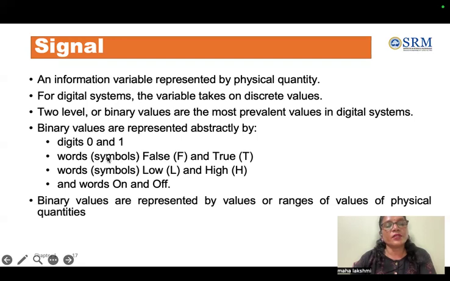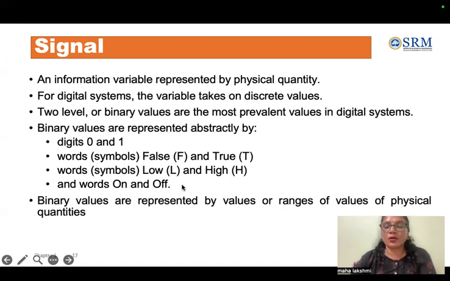In terms of words, you can represent them by true or false. And another way of representing by symbols is low levels and high levels. Equivalent to zero in digits, in terms of symbols it is false, with respect to level it will be low, and accordingly for one it follows consequently. And also the words can be on or off.